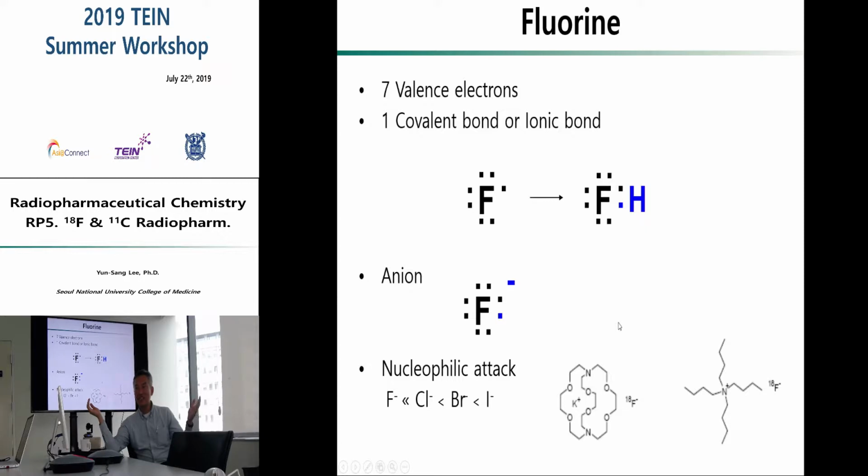But some people said that the sealing material of the cyclotron target is made from rubber or silicon rubber, and silicon rubber normally contains fluorine. So under high energy irradiation from the proton, that F19 can be degraded and dissolved.